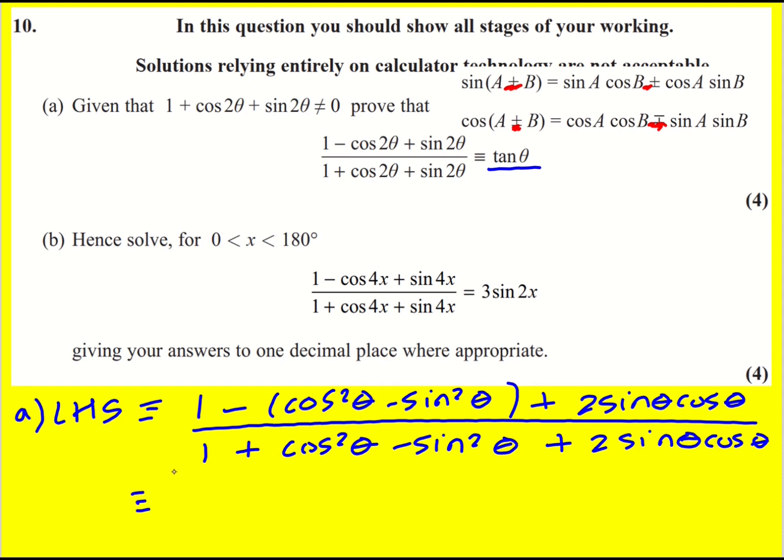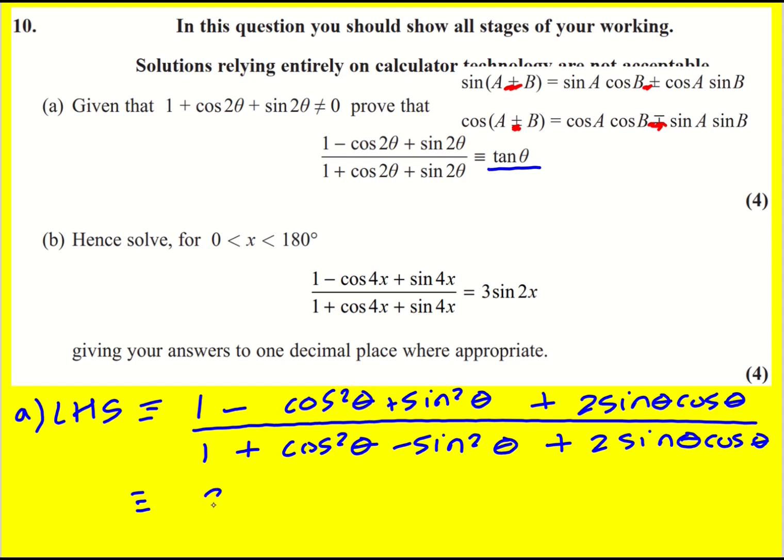Okay. Well, 1 minus cos squared minus sine squared theta, if I get rid of the bracket, actually the minus cos squared theta stays this because this becomes plus. And then 1 minus cos squared theta is sine squared theta.